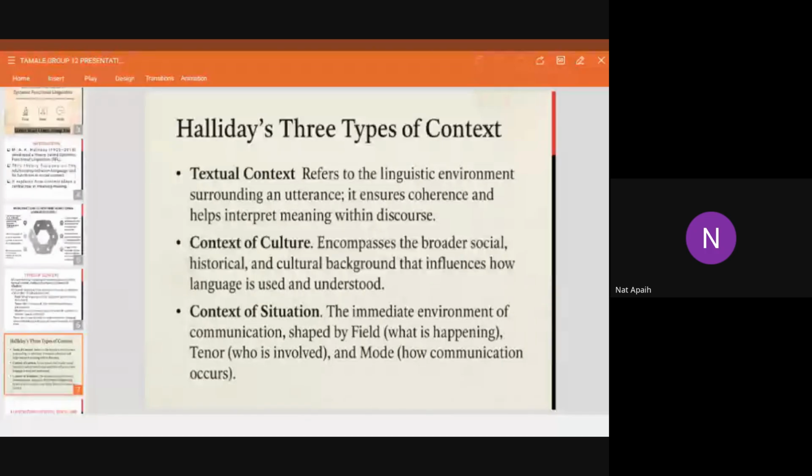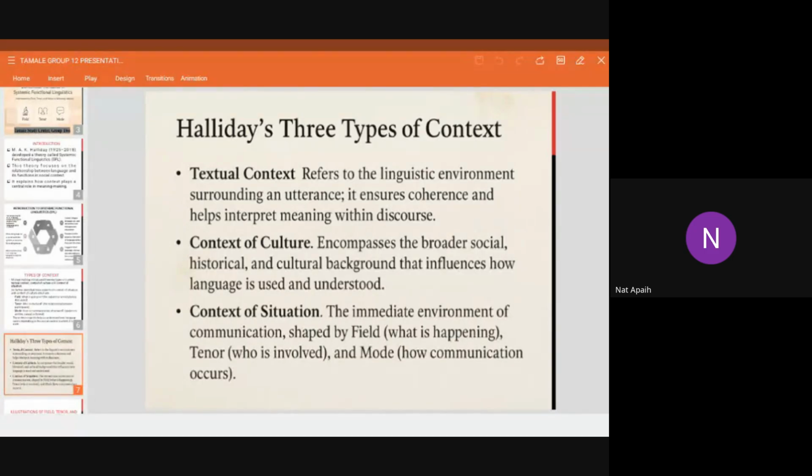So this one talks about the structure of the utterance. As English teachers, we all know that meaning can be based on the syntax and the grammatical context of an utterance. So this is the textual context we are talking about.